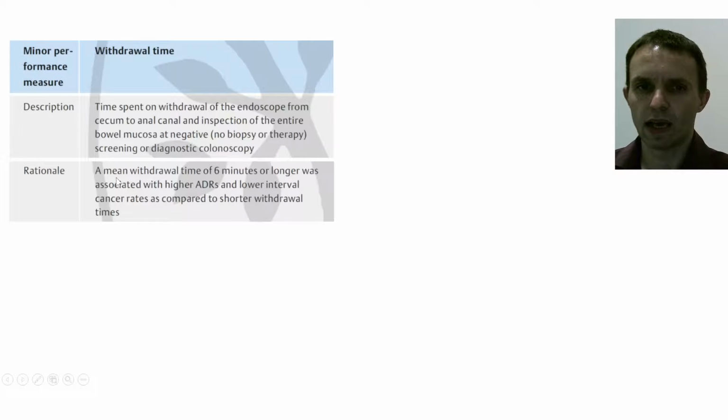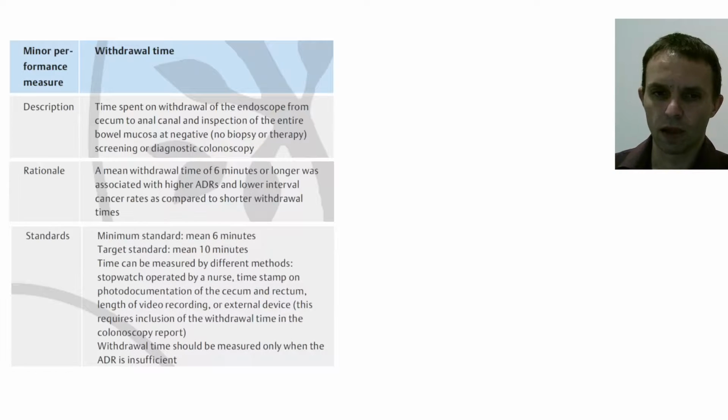Studies show that a mean withdrawal time of 6 minutes or longer was associated with higher adenoma detection rates and lower interval cancer rates as compared to shorter withdrawal times. Minimum standard recommended by the ESGE group is a mean of 6 minutes. Target standard is a mean of 10 minutes.